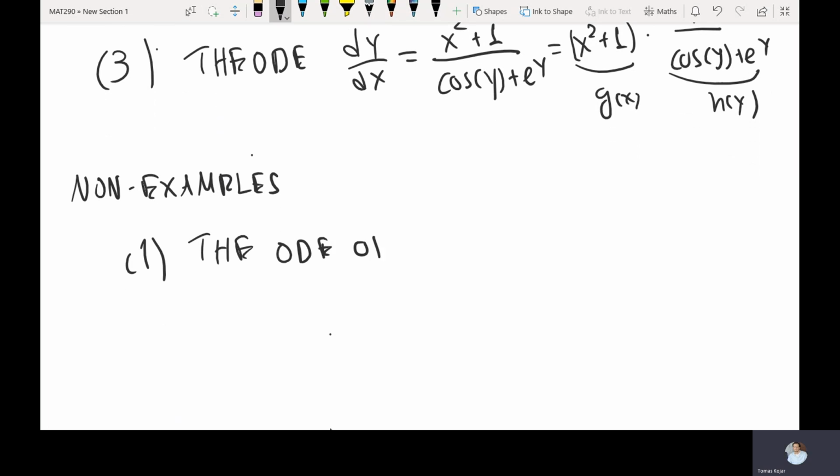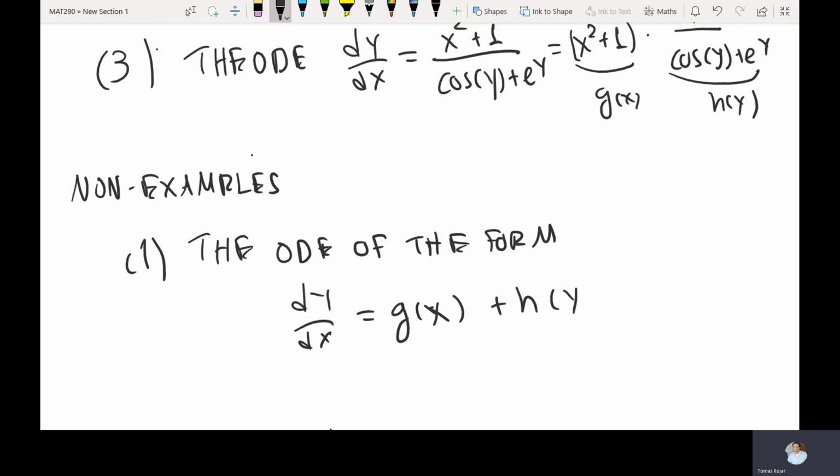The ODE of the form dy/dx equal to g of x plus h of y, where g and h are non-constant functions. Okay. So right away you get a very big family.